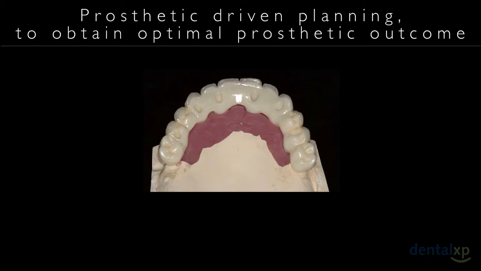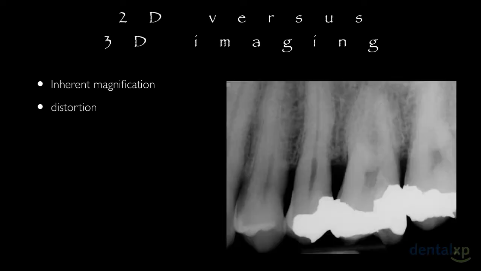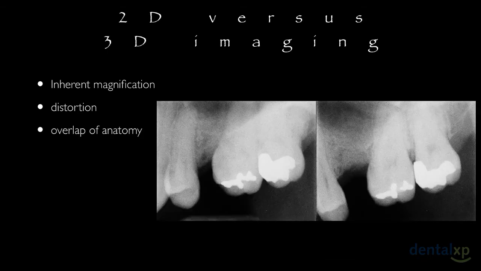optimal prosthetic outcome. So when we look in comparison of 2-dimensional versus 3-dimensional imaging, 2-dimensional gives us inherent magnification. There's distortion. There's overlap of anatomy.